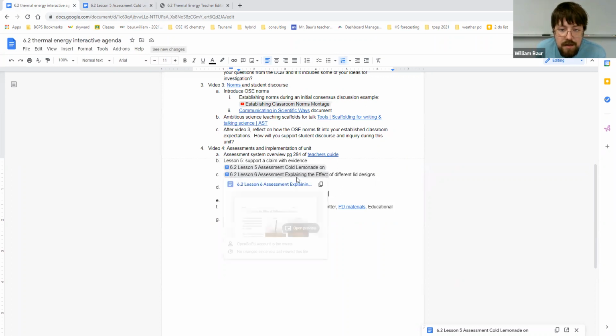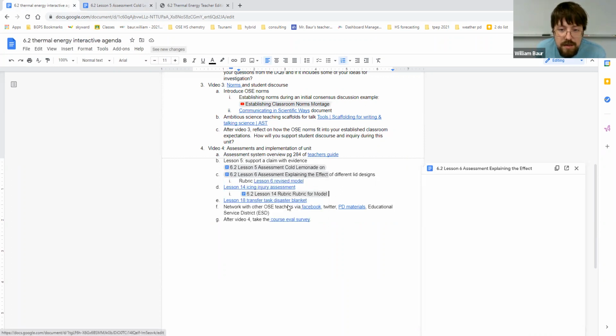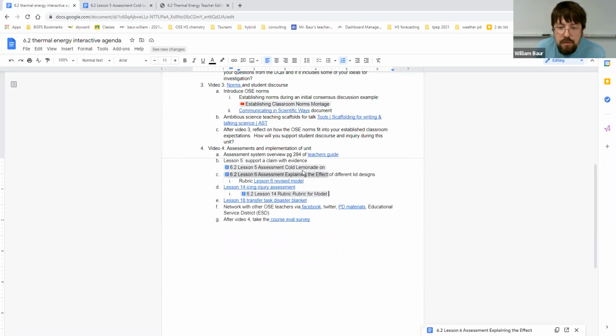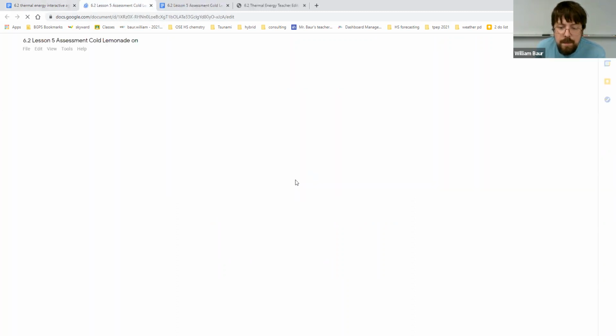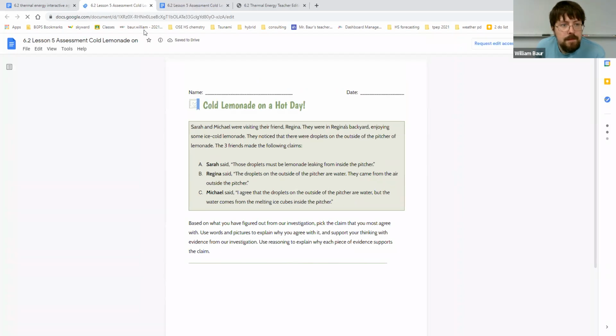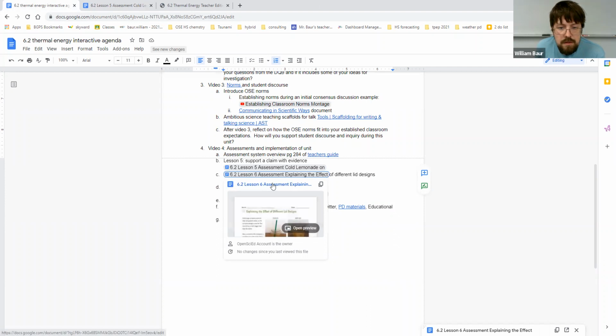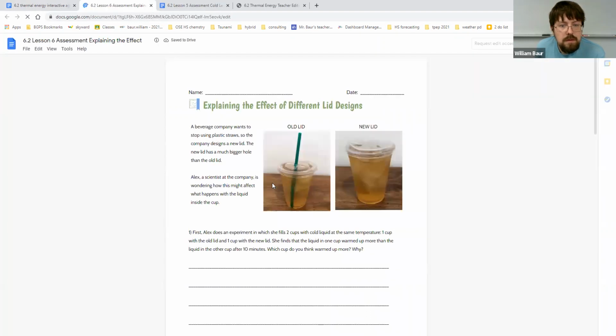And then lesson 6 also has another assessment where students are starting to look at what impact changing the lid would have.